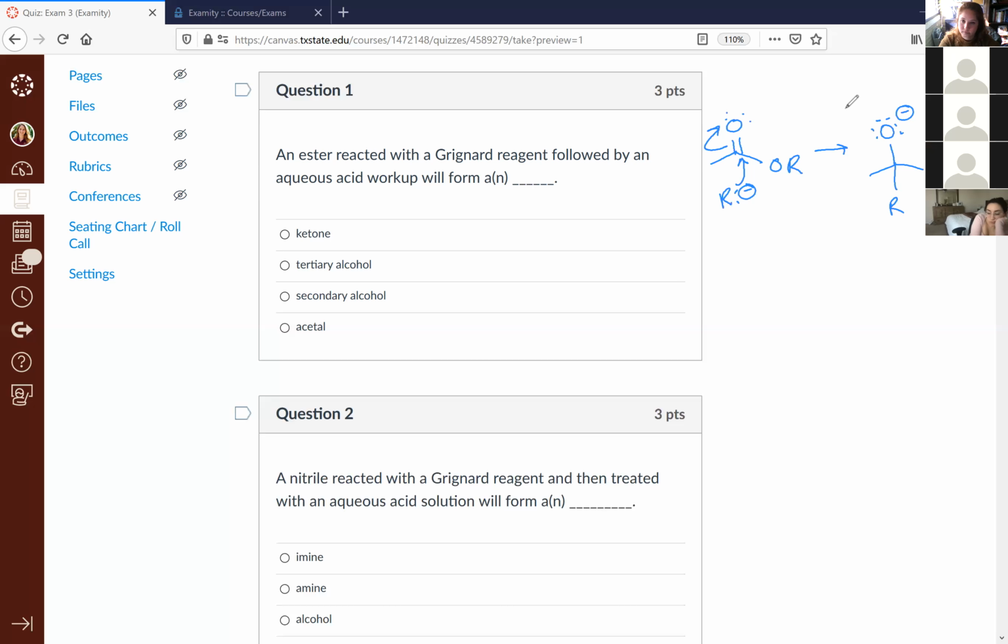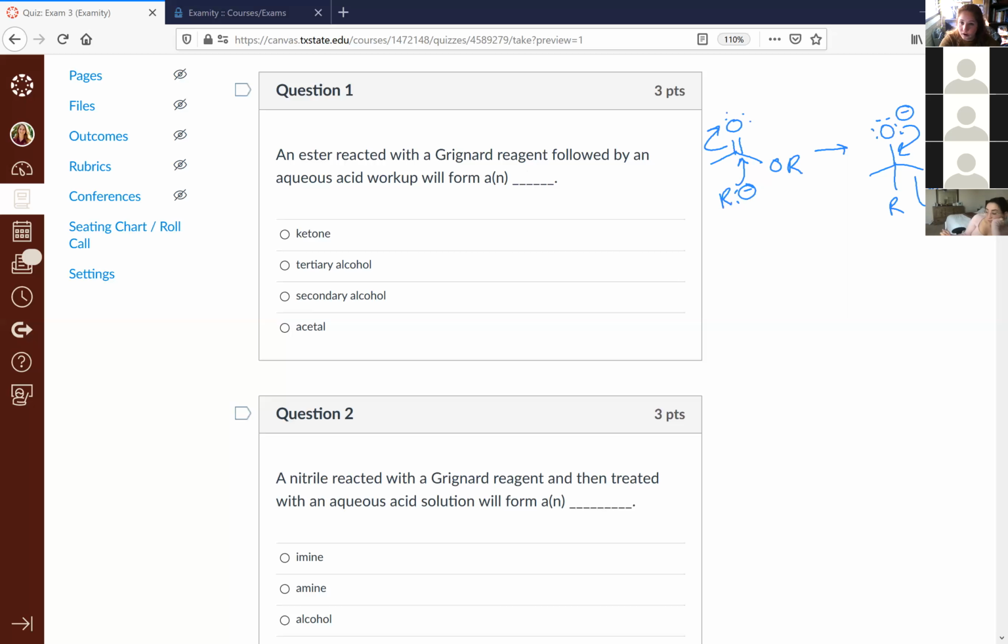Doesn't the oxygen get protonated? No, not in this situation, especially since we have a Grignard reagent as our reactant right now. We're in base, and the aqueous acid workup won't be added until we've used up all of our Grignard. So what happens next is the double bond reforms and you kick out the alkoxyl group.